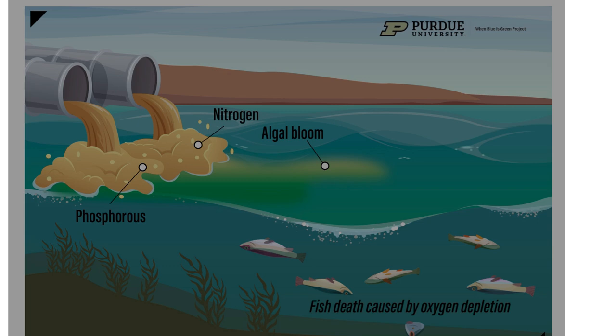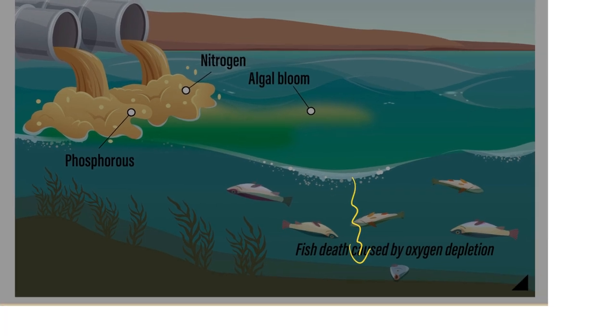And the problem is that when the algae blooms, it eventually will die as it ages, and it will sink to the bottom, and then it will be broken down by bacteria, and the bacteria use a lot of oxygen in order to do that.